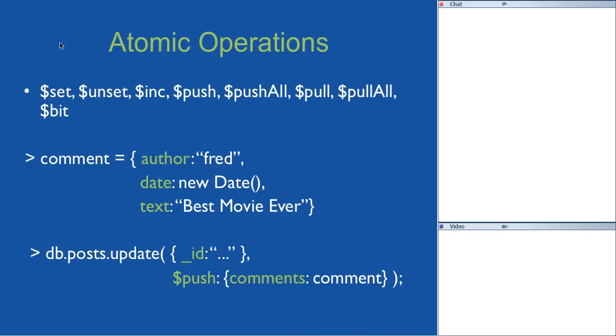That kind of model is called multi-version concurrency control. We don't do that. We do in-place updates. And there are all sorts of atomic updates that you can do. For example, you can push to an array, pull from an array, set values, increment values, unset values, add new fields, remove fields, etc. And you can do all of that atomically.